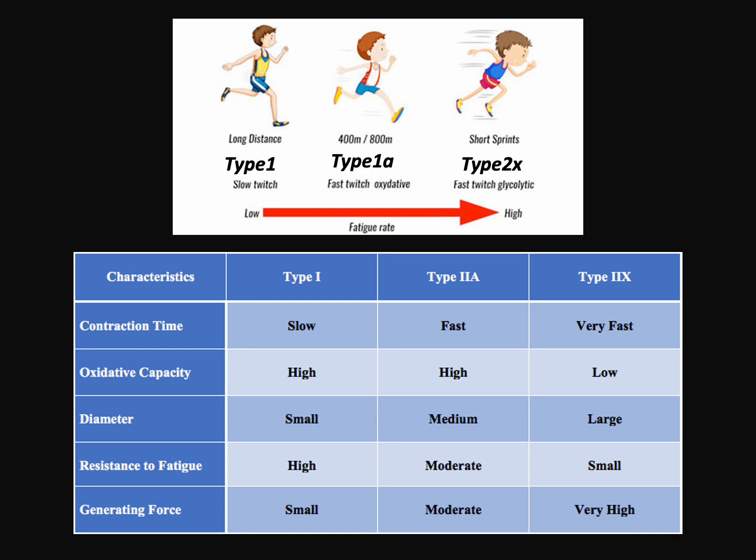As in sprinting at the end of a race, the fast twitch motor units are called into play to increase the pace. Unfortunately, exercise at such an intensity can't be maintained for a very long period of time. Therefore, our type 2X fibers are fatigable. Therefore, you see under type 2X, resistance to fatigue is low.